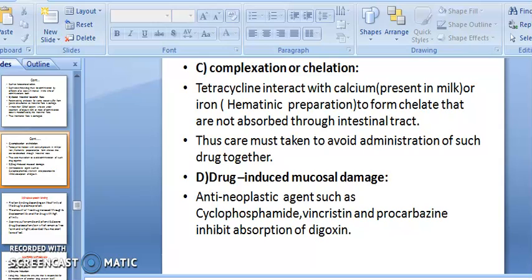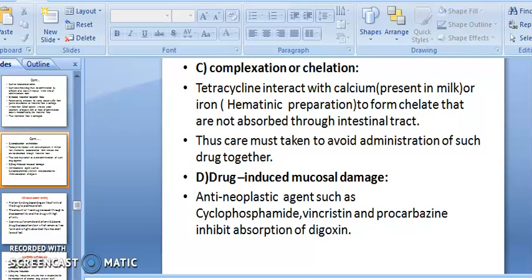Complexation or chelation: there is a formation of a complex structure or chelate. Tetracycline interacts with calcium present in milk or in iron hematinic preparations to form chelates that are not absorbed through the intestinal tract.